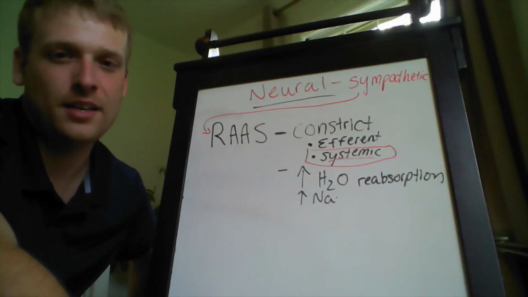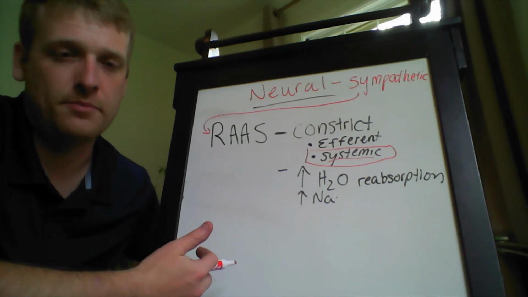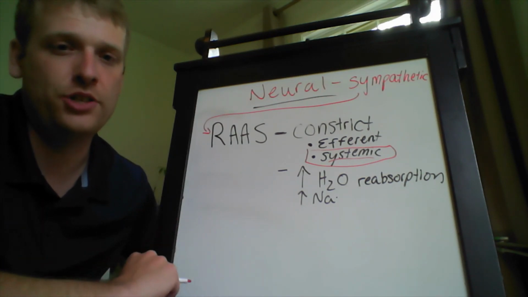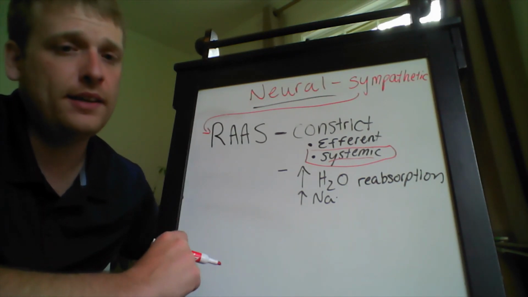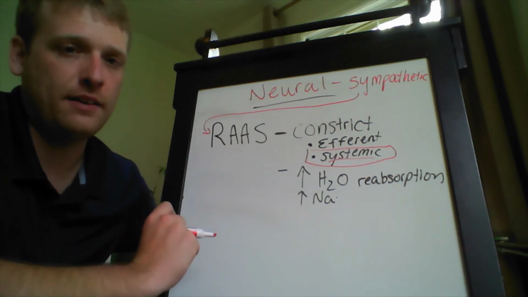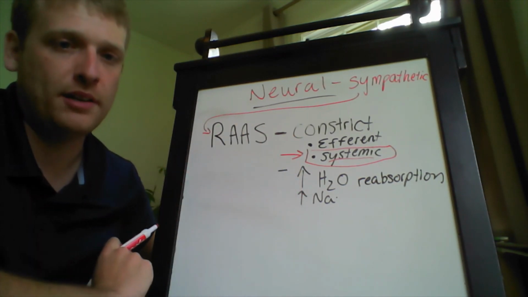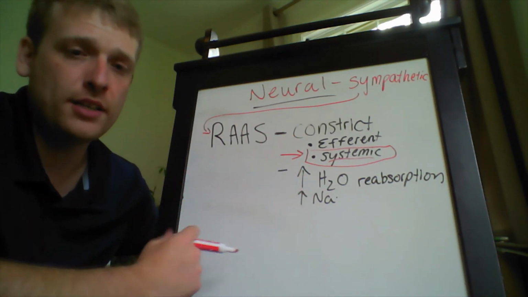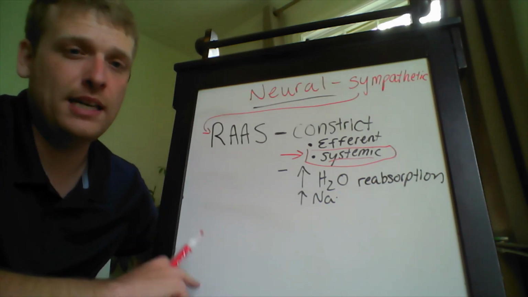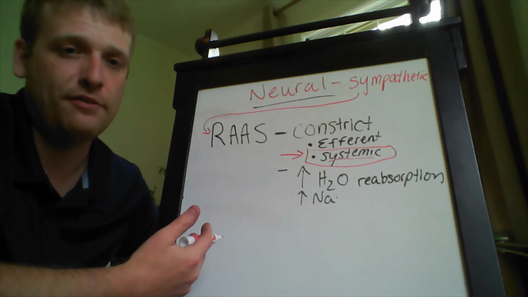So finally, in addition to hormones, the nervous system plays an important role in controlling GFR. And the way that it's going to do this is, one, directly causing vasoconstriction of systemic blood vessels. So constricting systemic blood vessels is going to increase blood pressure, increasing GFR.